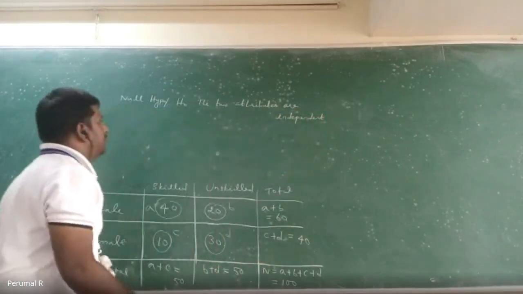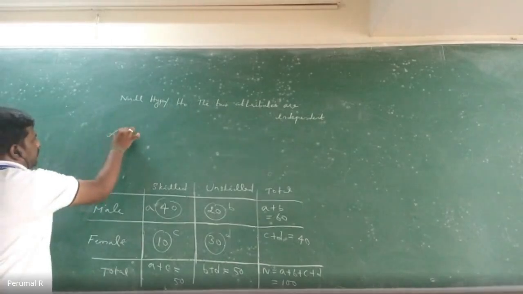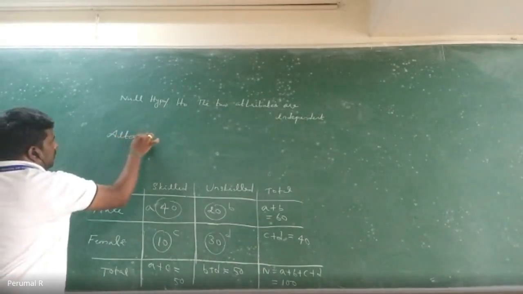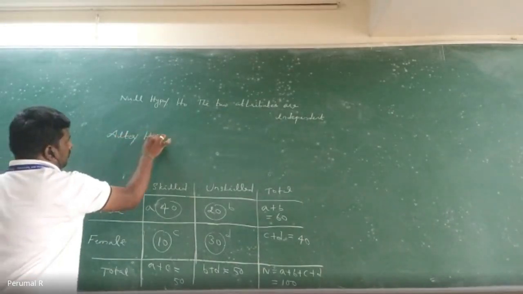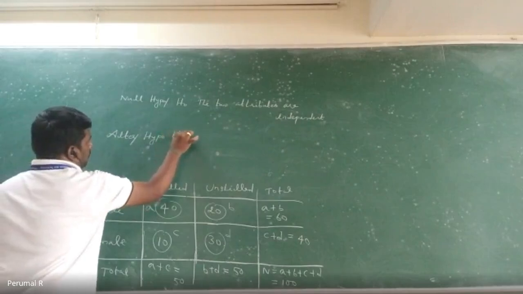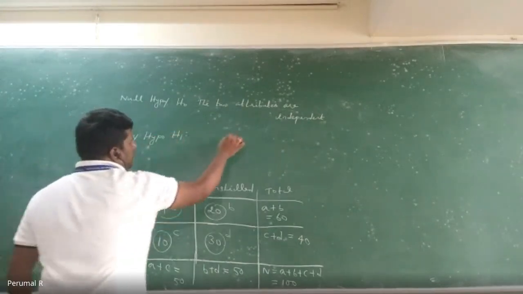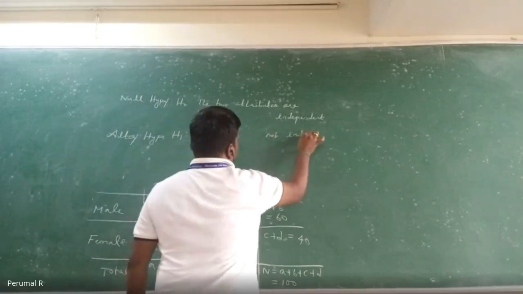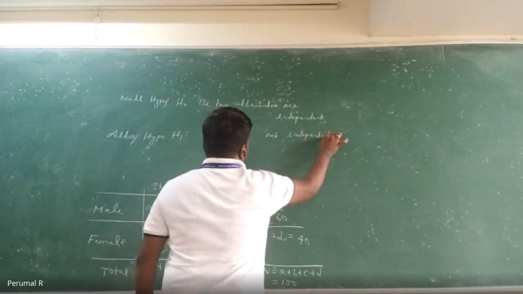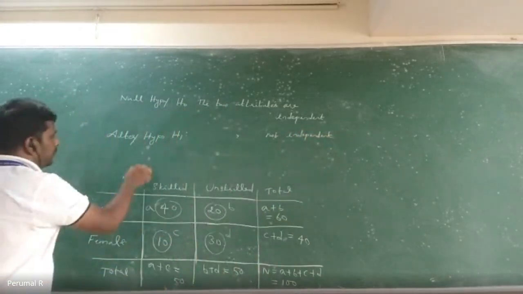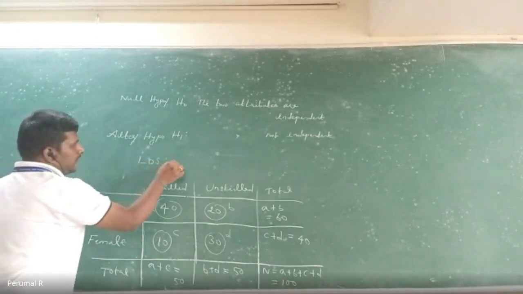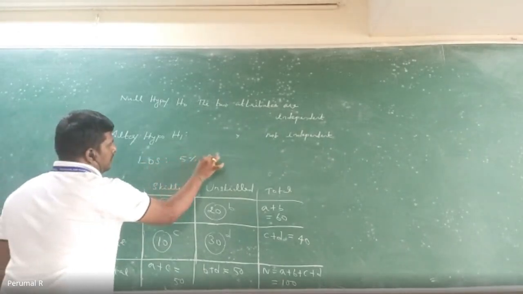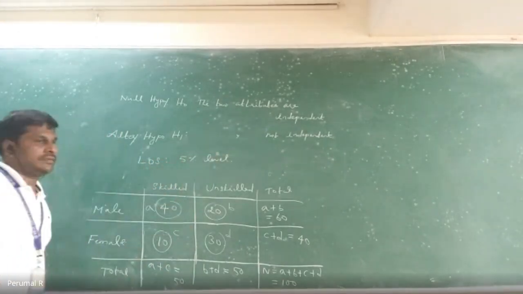Next you can fix your alternative hypothesis, H1: not independent. Now you can fix your level of significance, that becomes 5% level.